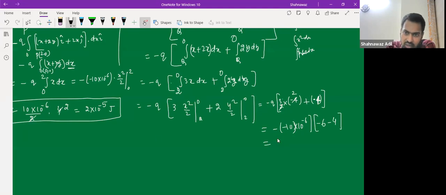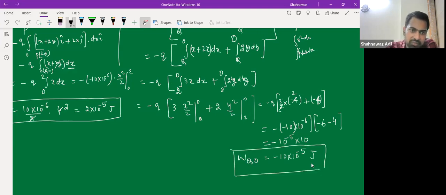The minus minus cancels, so I have 10 to the power minus 5 into minus 10. So minus 10 into 10 to the power minus 5 joules. This is my work done from Q to O. Is this clear, guys?